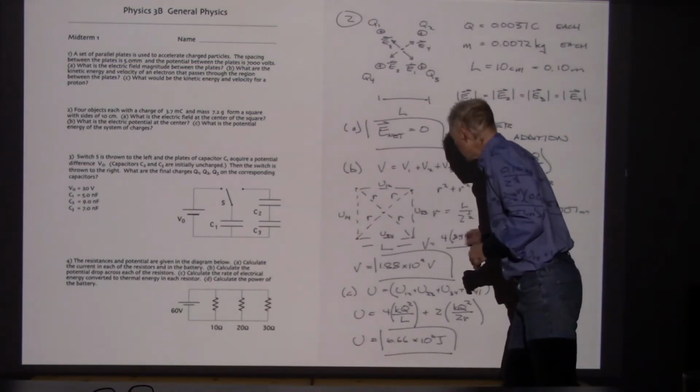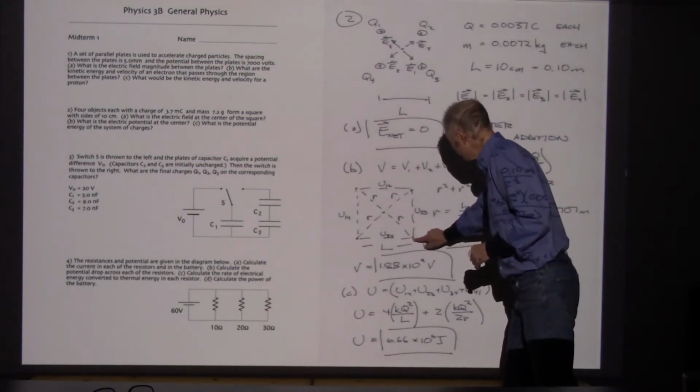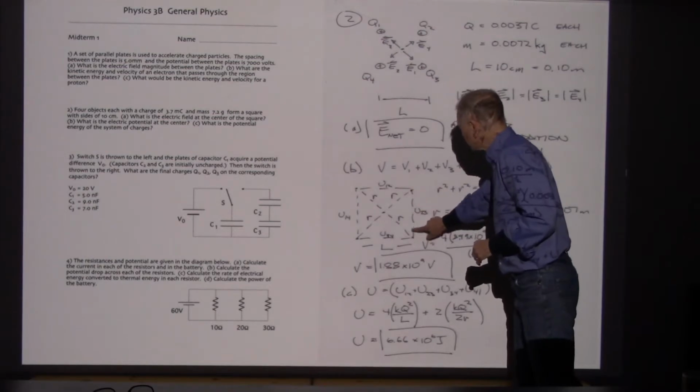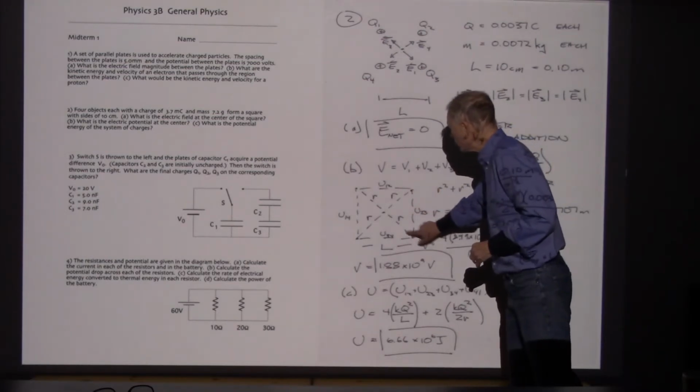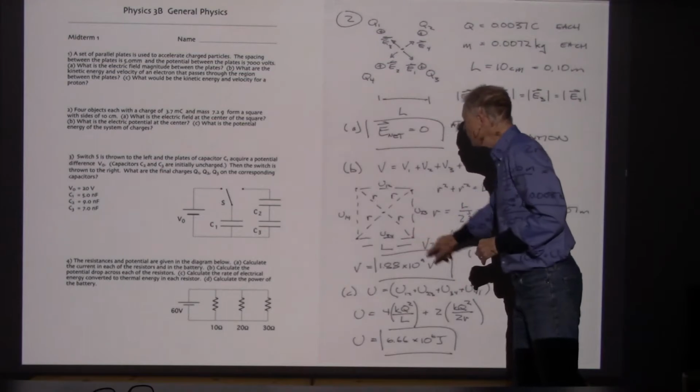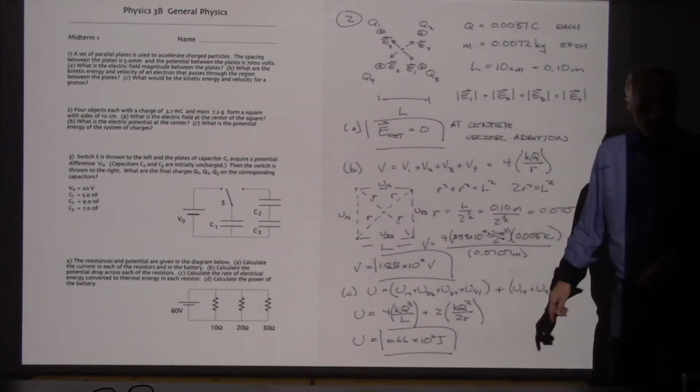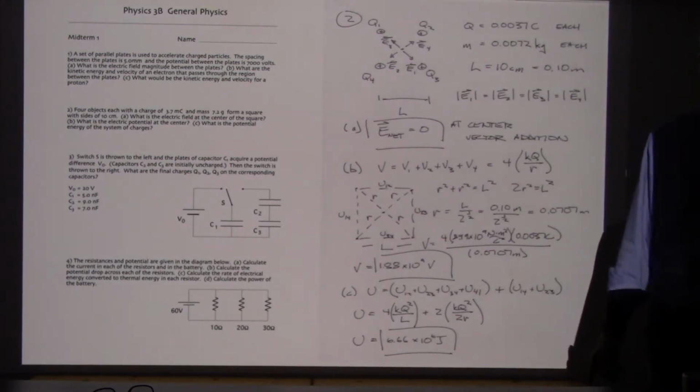And then if I bring charge 3 in, that's going to be a potential energy due to the interaction with charge 2 and charge 1. When I bring in that last charge, it's going to be interacting with 1, 2, and 3.